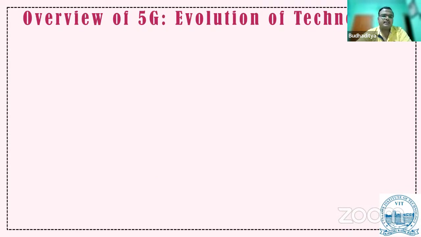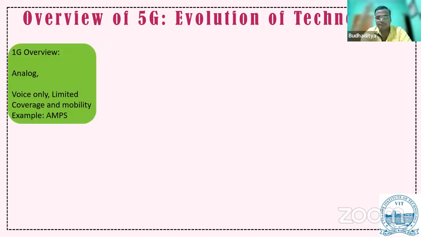To understand the overview of 5G, we need to start with the evolution of the technology. Those of us working in this field are pretty much aware that when 1G arrived in the market a long time back, primarily in the US, UK, some European countries and even Japan, it was analog in nature and primarily designed for voice.